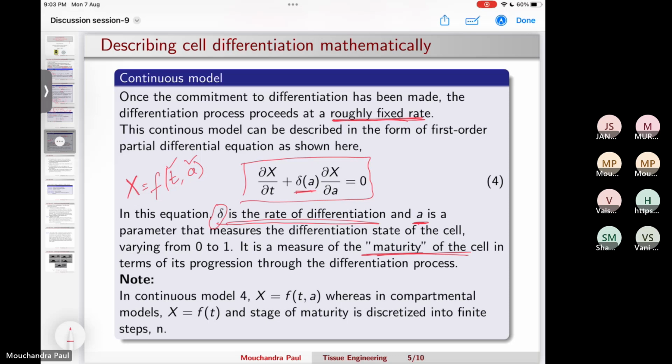Whereas in the compartmental model, x was only a function of time. So with time, the number of cells are changing as they move from one compartment to another, and also the movement is happening at different rates.